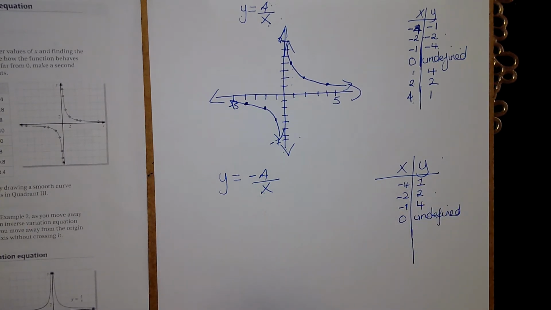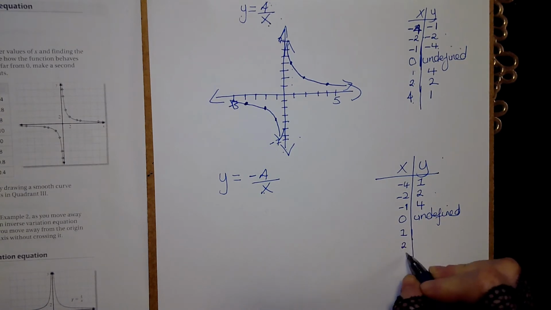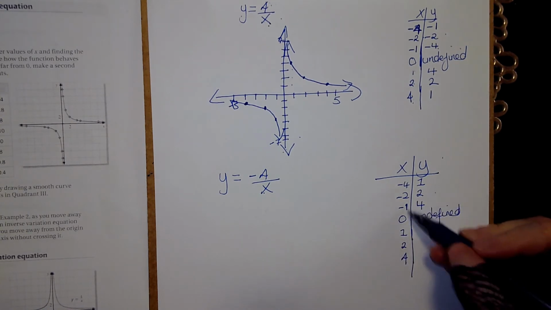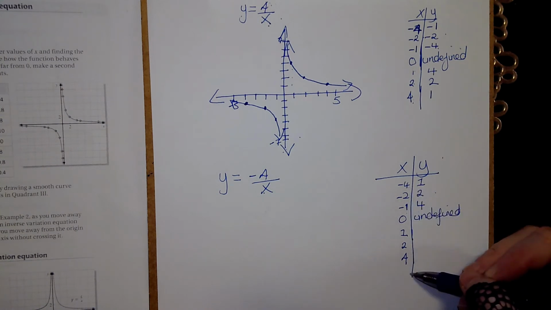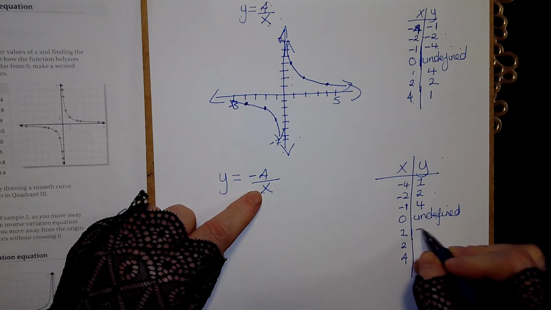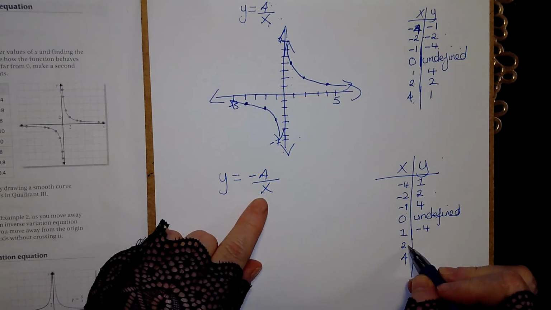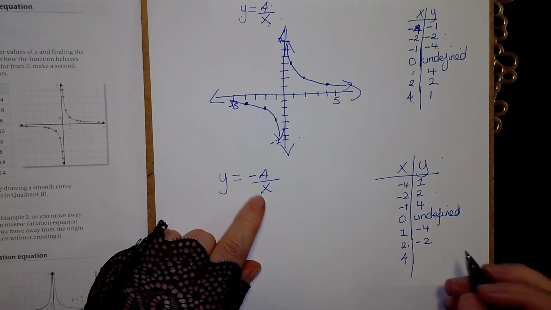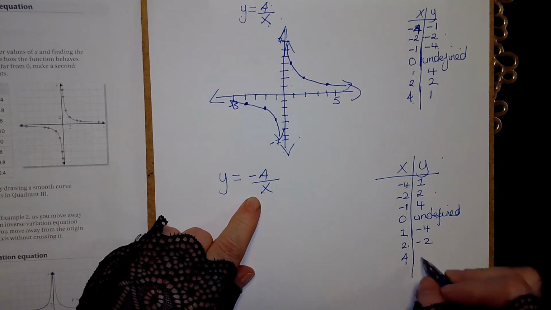Okay, so then we're going to go on the other side and we're going to do 1, 2, and 4. You always want to do the same. Whatever negative numbers you pick here, you want to do the positives, okay? So -4 divided by a +1 is a -4. -4 divided by a +2 is a -2. And -4 divided by 4 is -1.